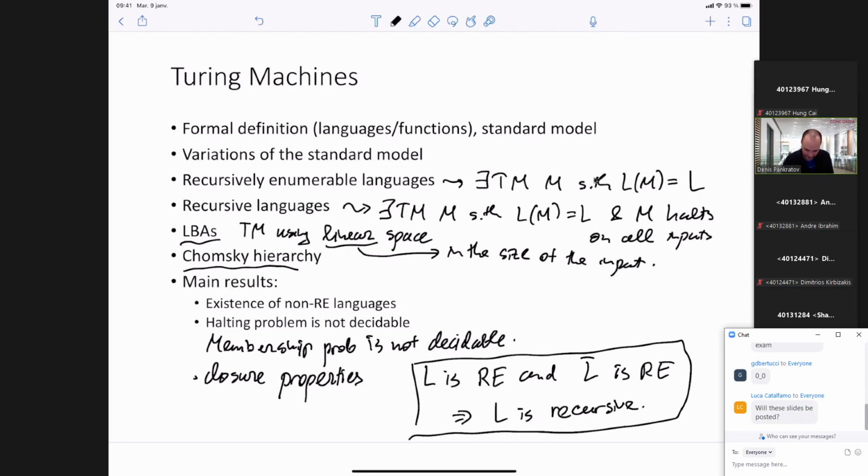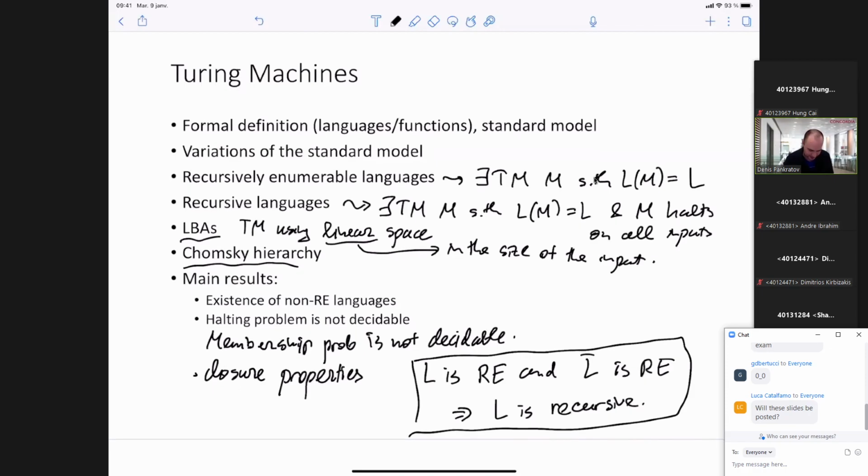And in particular from this, you can revisit the existence of non-recursively enumerable languages. And it follows that, for instance, halting problem, so the language which can be expressed like this, encoding of a Turing machine M, string W, such that M halts on W. So this language, it is recursively enumerable, but it is not recursive.